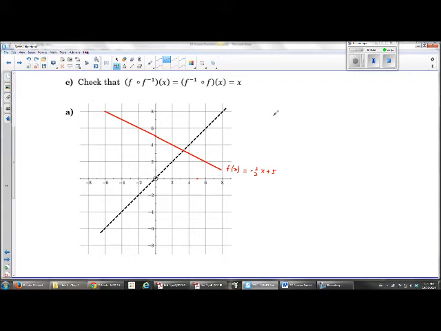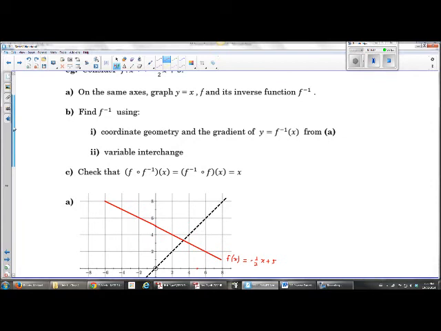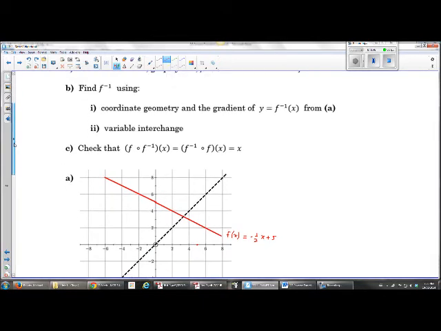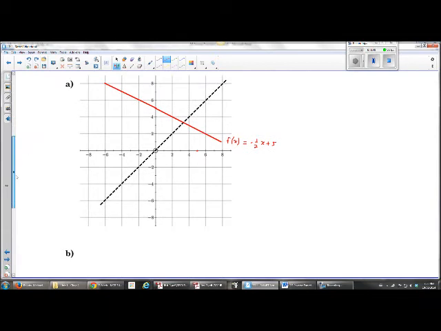Let me just work that out. Actually, I'm going to cheat a little bit here. We can find f inverse, the function of it, in a second. Actually, you know what? I'm not going to cheat just yet. Let's take a look at some of these points and plot them. This is point 0,5, and here is the interchanged 5,0.